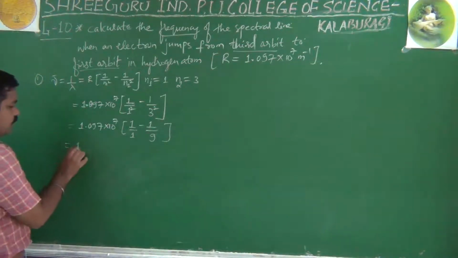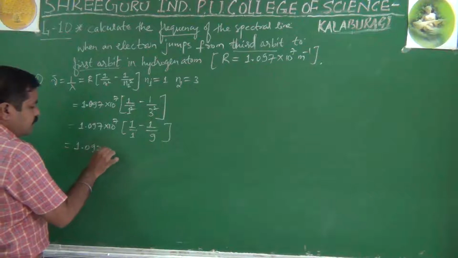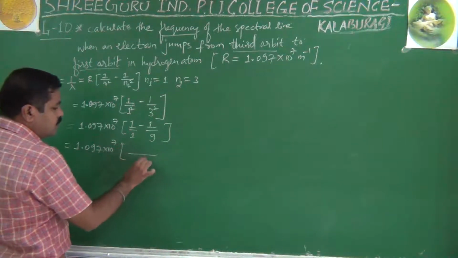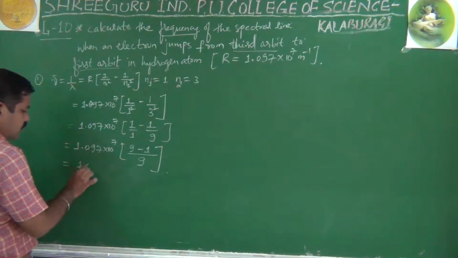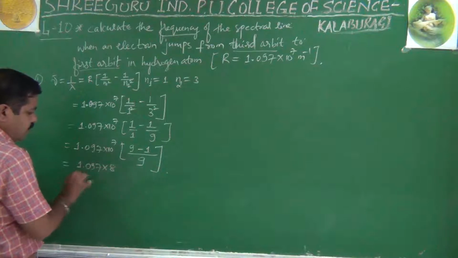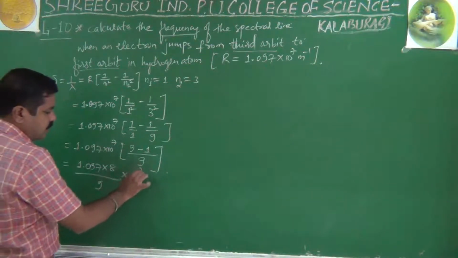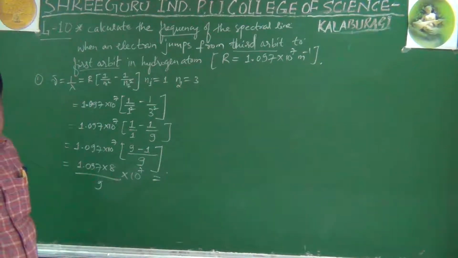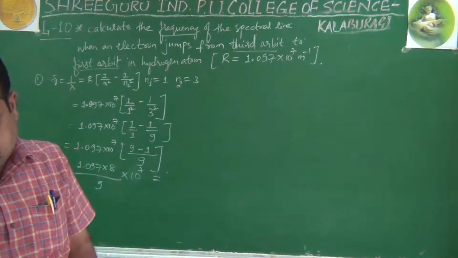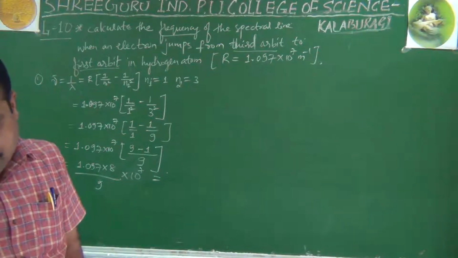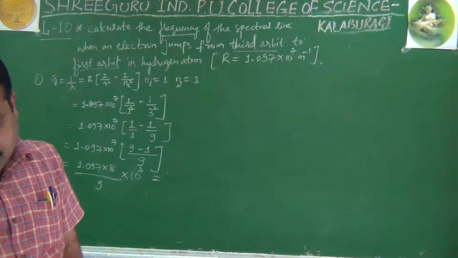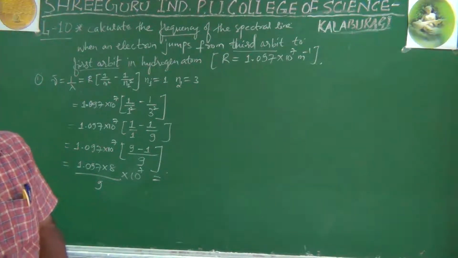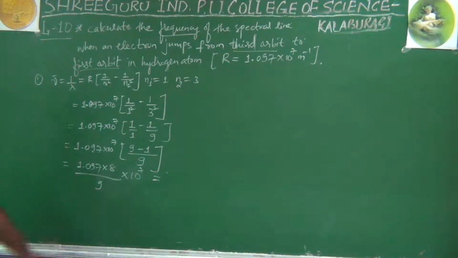So LCM will be 9, 9 minus 1. So 1.097 into 8 by 9 into 10 to the power plus 7. When you solve this generally, you will get the wave number, that is 1.0257 into 10 to the power 7, see, this one is 1.097.